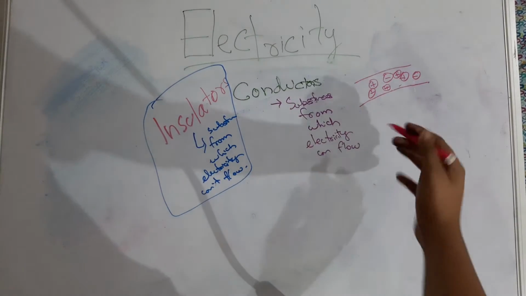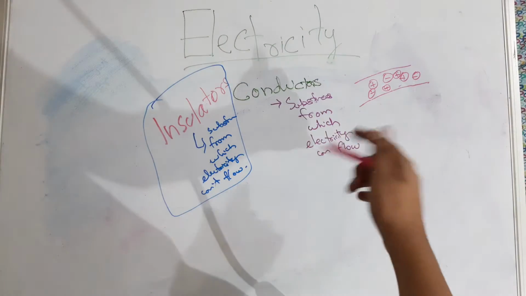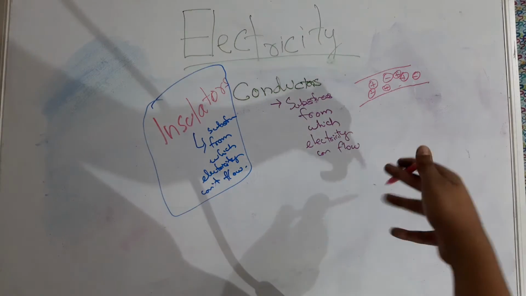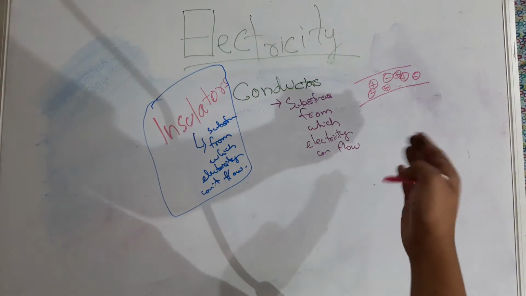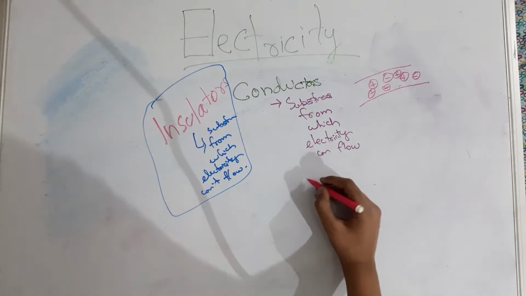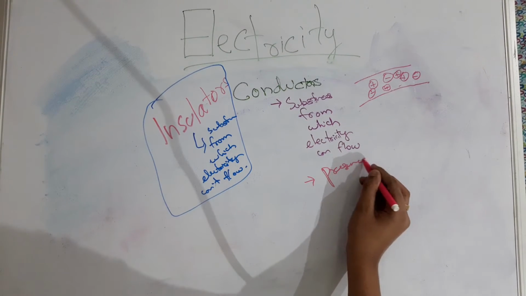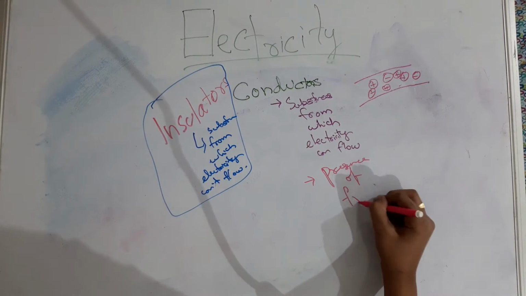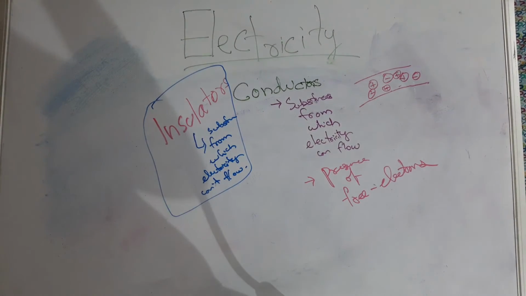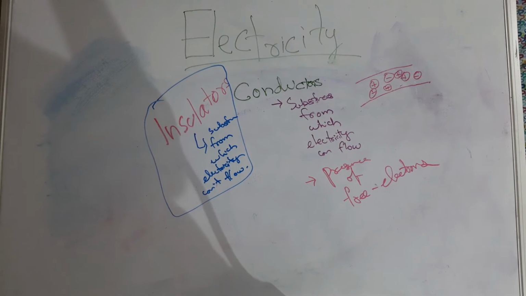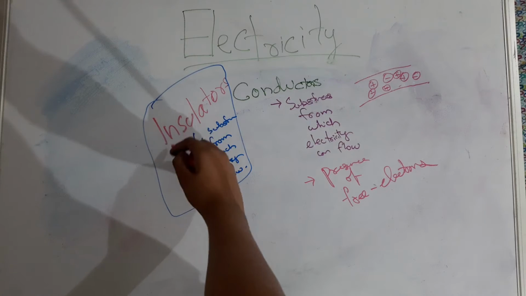The substances in which the electrons are not fixed, means there are free electrons that can move easily when electricity is passed through them, those substances are conductors. So conductors have one more property, that is the presence of free electrons. The presence of free electrons makes a substance a conductor, and the absence of free electrons makes a substance an insulator.